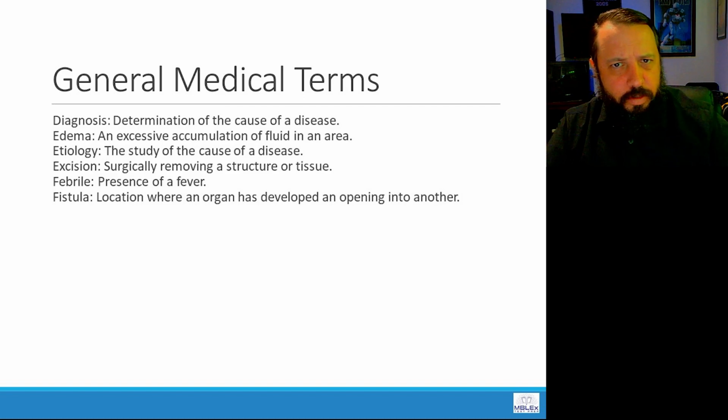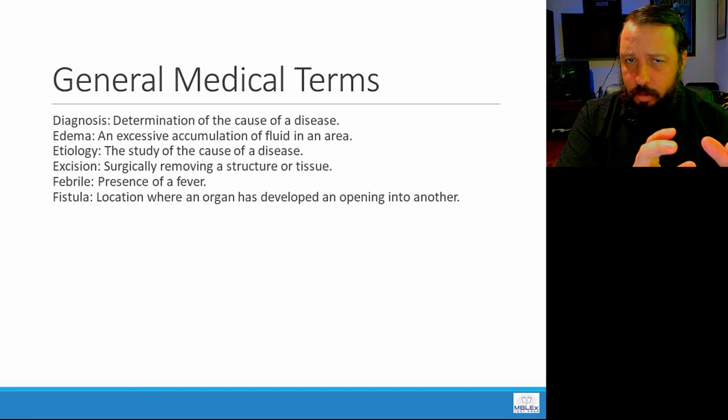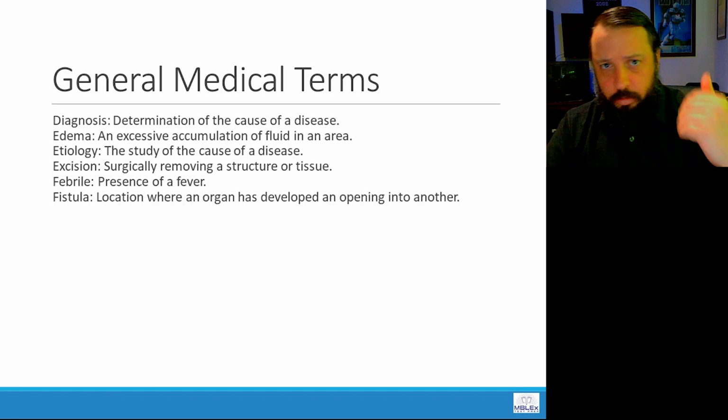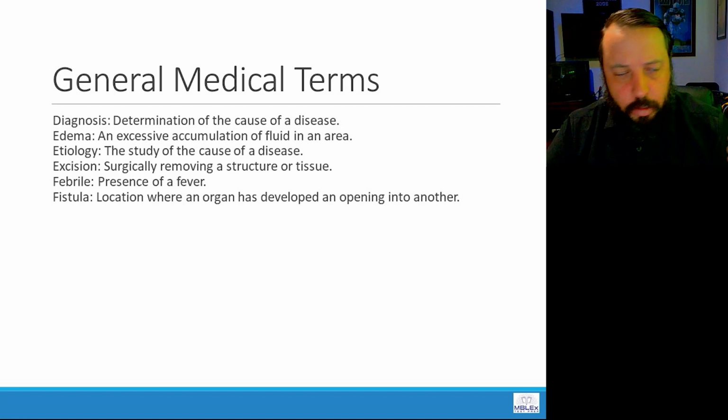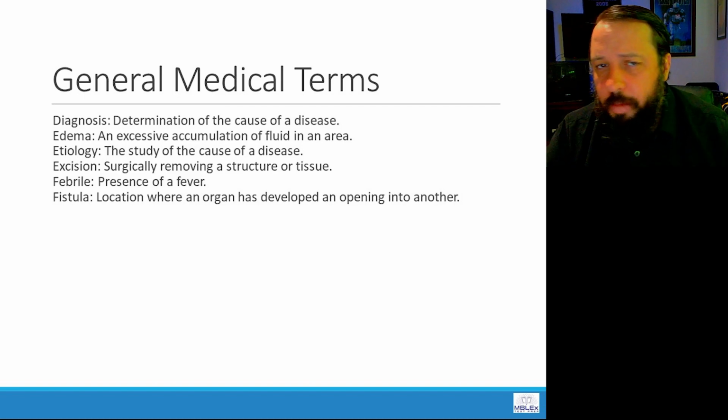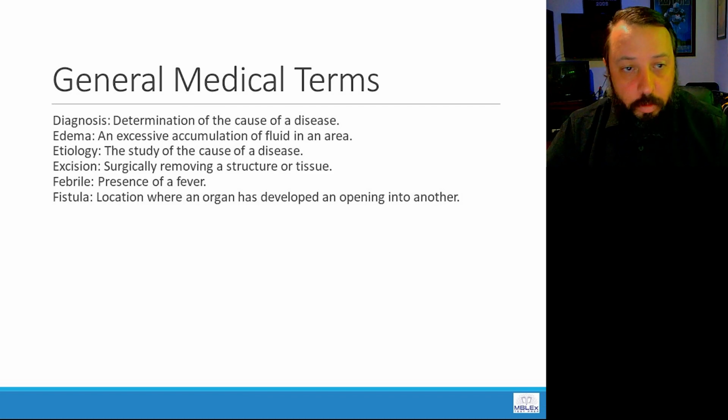So with an anal fistula, the rectum develops an opening into the skin, as opposed to just going into the anus. That's one of the prime examples of a fistula. There's some sort of pathway to another organ that should not be there from one specific organ.